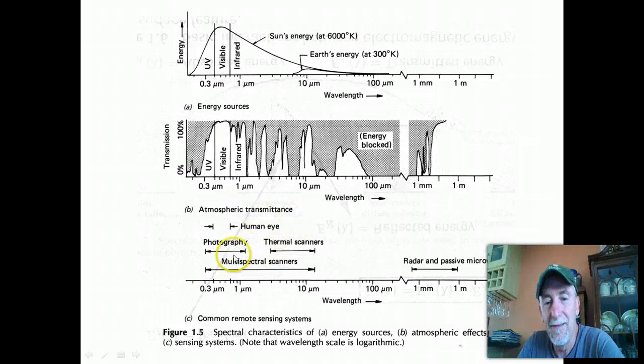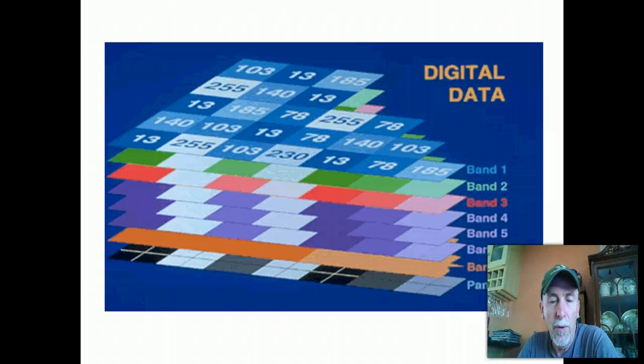reflected. And then this gives you some idea of the different scanners and sensors that we have available to us, of their wavelength ranges. We also work by and large in a GIS environment, and this is an illustration that shows an example of how you have these layers, different channels that come from different discrete parts of the spectrum, and their varying resolutions.